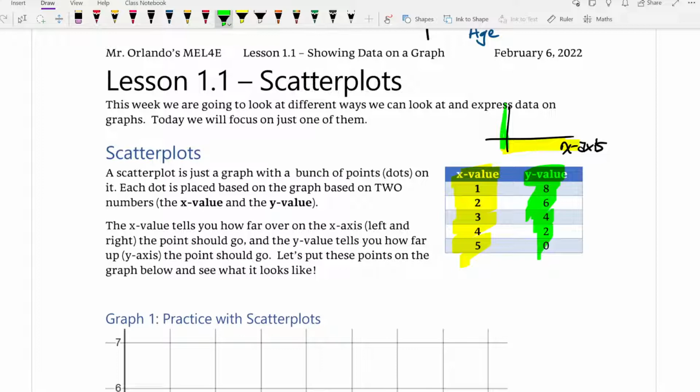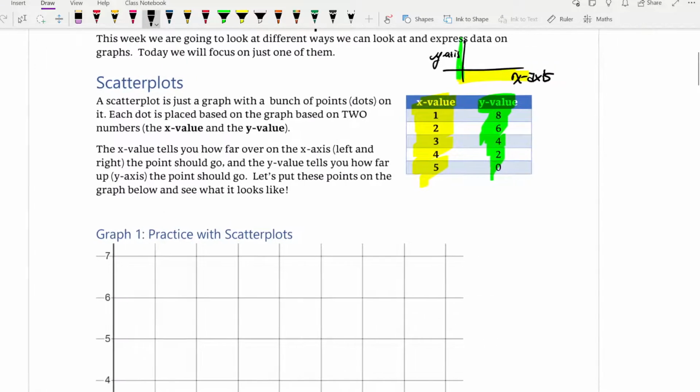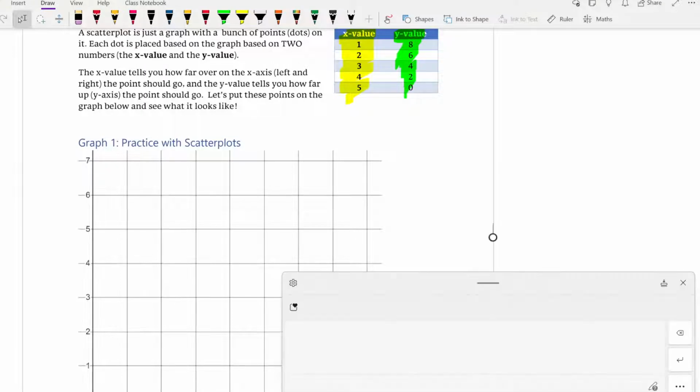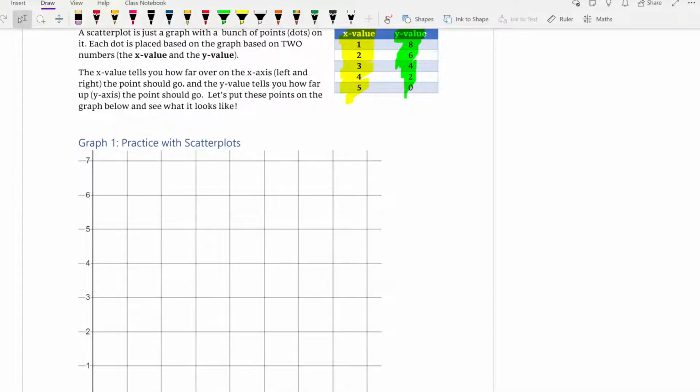That's just so we always do it the same way. So we call the left and right axis the x-axis and the up and down one the y-axis. But I'm not so worried about that. Just know that whenever we make a graph, we read these numbers along the bottom and these numbers along the side going up and down. And that helps us.